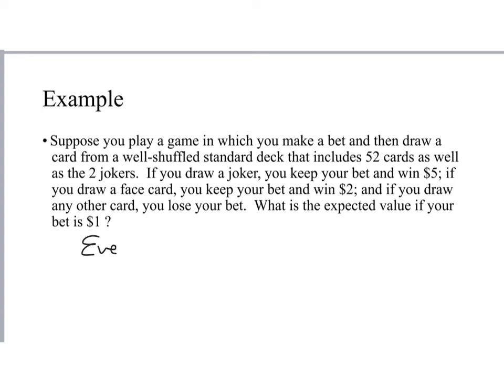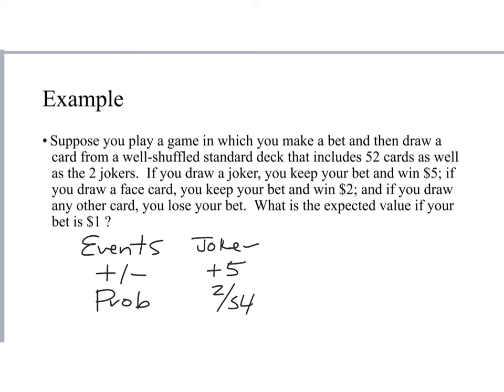Once again, I'm going to do events, gain-loss, probability. The events would be a joker, which is a gain of 5 and has a probability of 2 out of 54. A face card has a gain of $2.